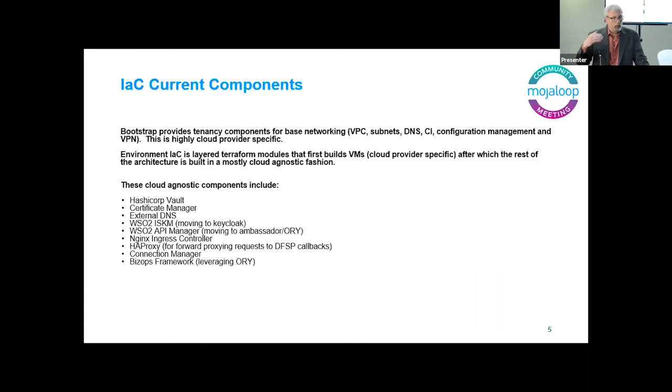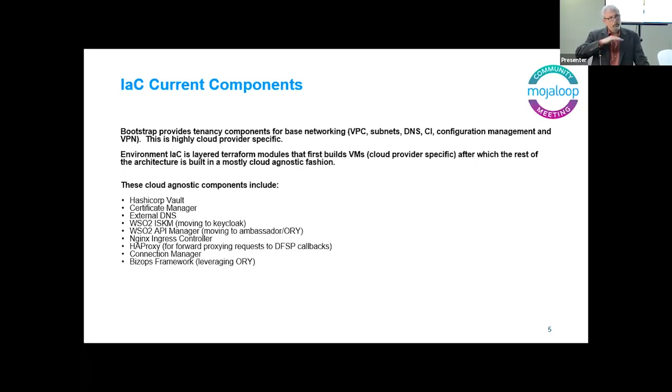The next layer would be the creation of the Kubernetes cluster itself. We use Kubespray, which supports multiple cloud providers, but we would also strive to have a managed Kubernetes solution be pluggable in that layer as well.